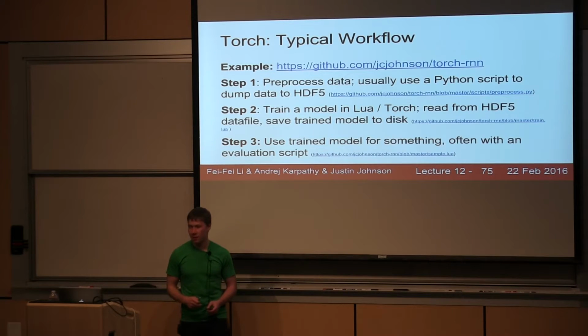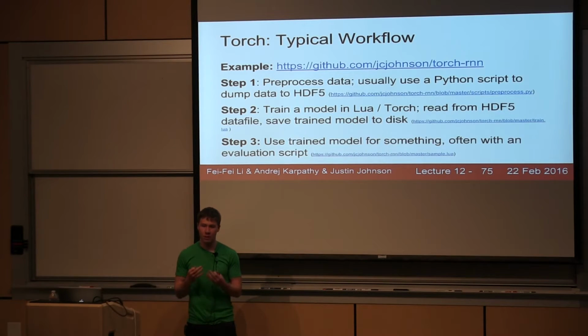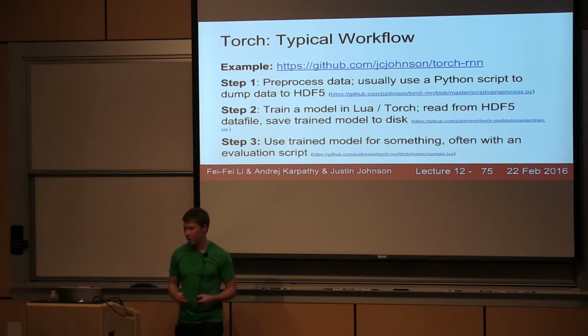A case study for this type of workflow is a project I put up on GitHub about a week ago that implements character level language models in Torch. Here there's a pre-processing script that converts text files into HDF5 files. There's a training script that loads from HDF5 and trains these recurrent networks. And then there's a sampling script that loads up the checkpoints and lets you generate text. So that's my typical workflow in Torch.